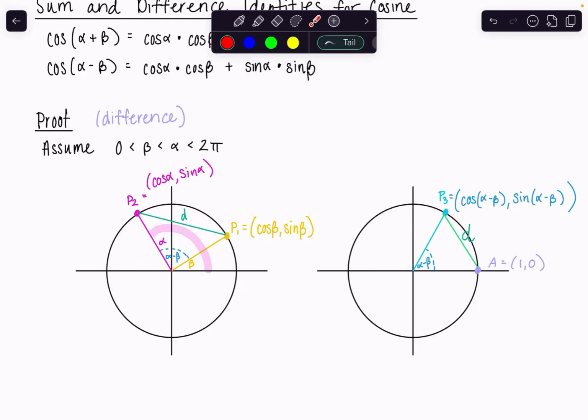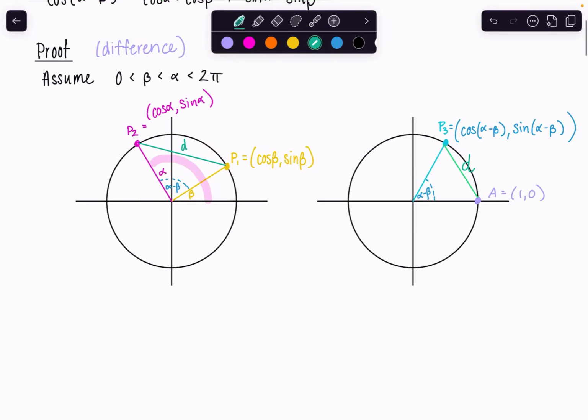okay? So what I can say is that the distance between point 1 and point 2 is d. It's exactly the same as the distance between point A and point 3.